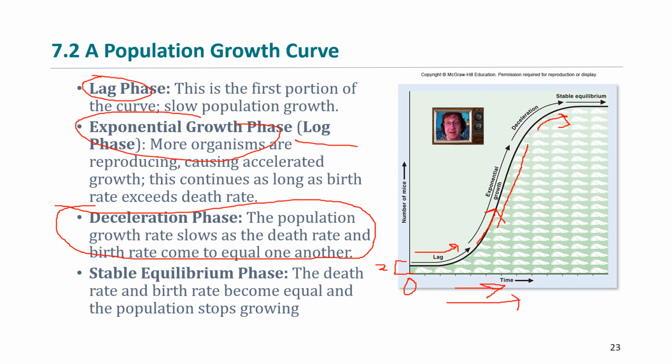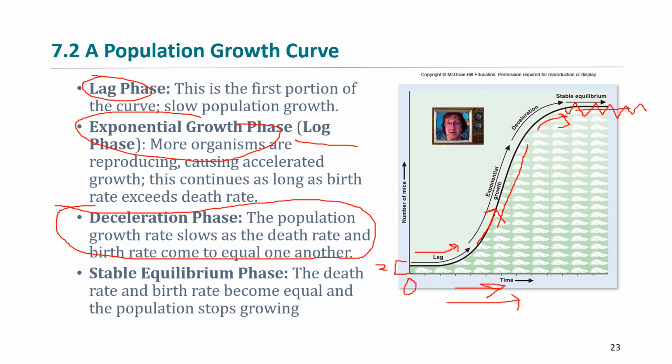And the death rate now starts getting higher to the point where it eventually equals or fluctuates with the birth rate. Because this is not a straight line. This goes up and down depending on fluctuations in food and birth rate, death rate, disease. And you have now what's called this stable or sometimes dynamic equilibrium, depending on what you want to draw here.